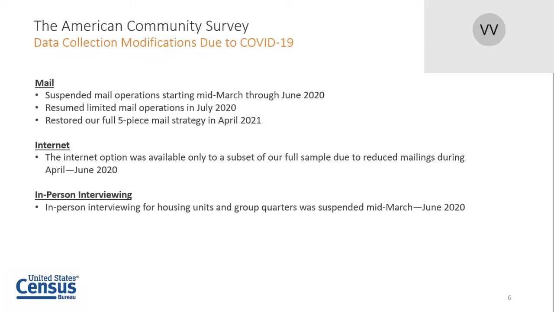The internet option was always available. However, due to the lack of the mailings from April through June, many of our sample addresses did not know that they were in the ACS sample until the computer-assisted personal visit happened later in the summer. This was a subsample of the full monthly panel.